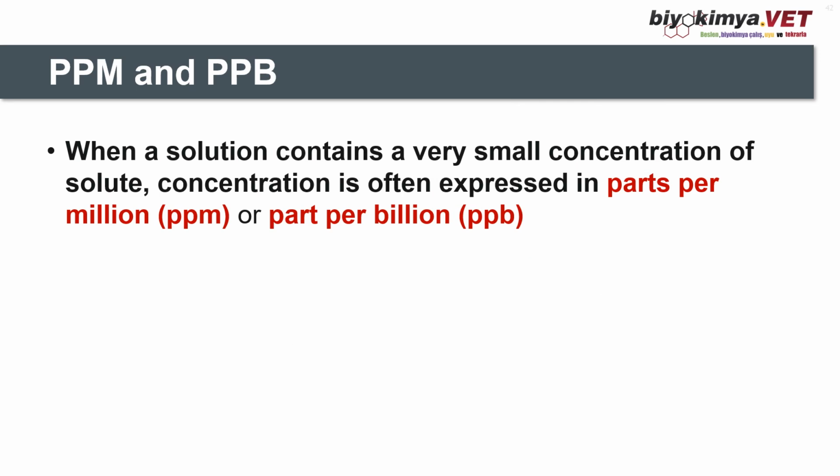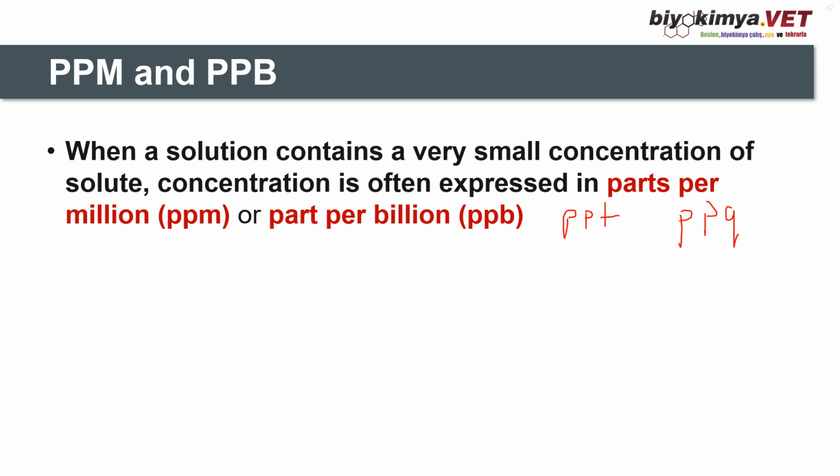When a solution contains a very small concentration of solute, concentration is often expressed in parts per million, ppm, or parts per billion, ppb. And there are even smaller units, such as ppt, parts per trillion, and ppq, parts per quadrillion.